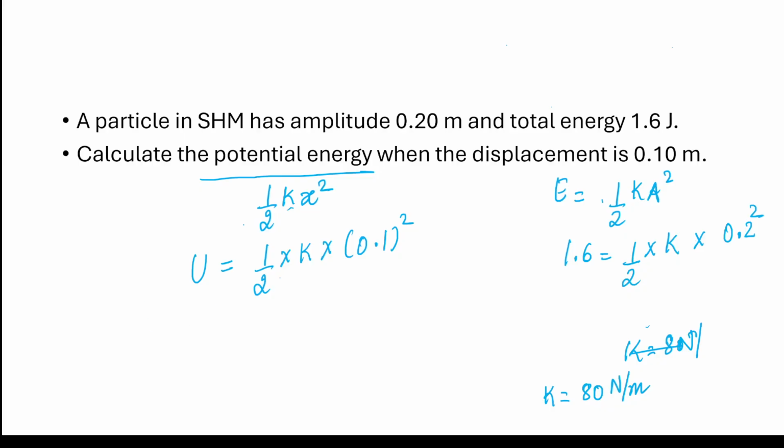Using K here, I can calculate U as half times 80 times 0.01, so that is 0.4 joules.